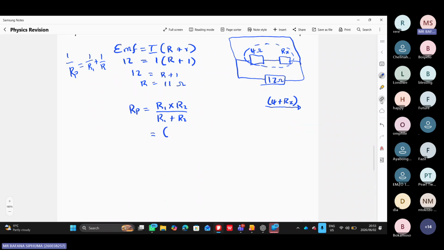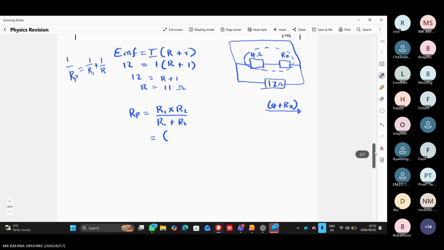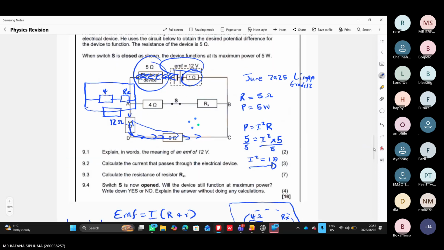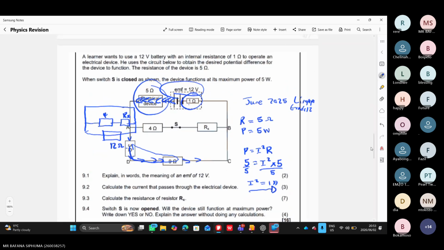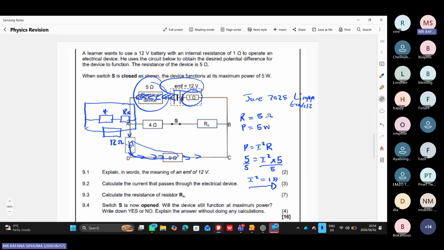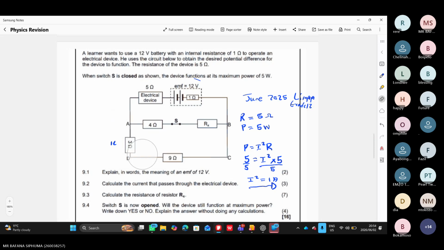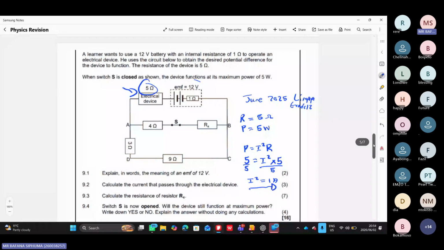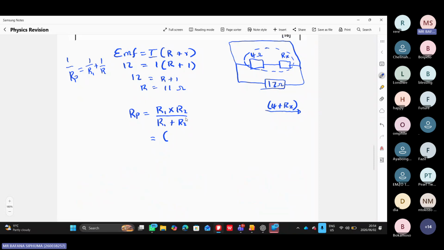Oh, in fact, another mistake that I did. Let me erase here. If you look, I still have that 5 ohm resistance of the device. So I can't put the 11, because this is RT.